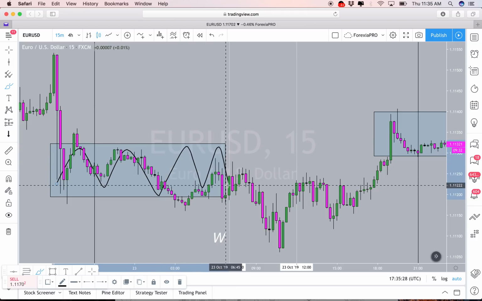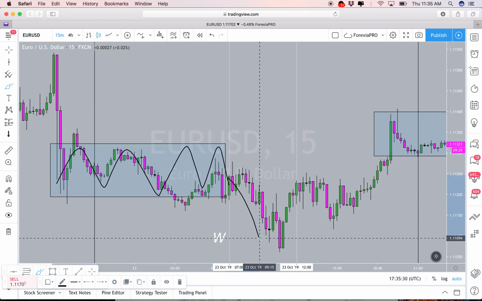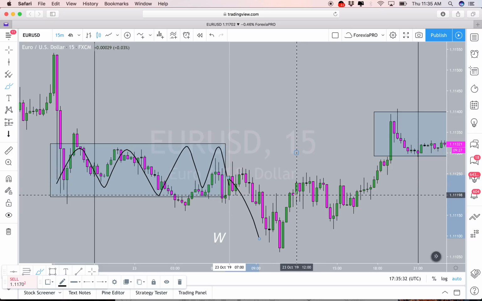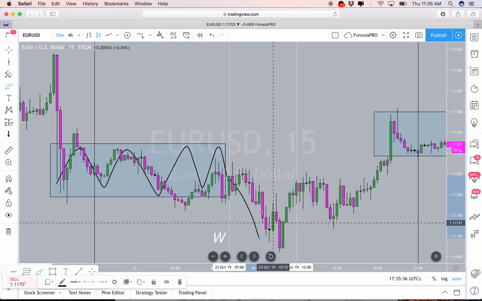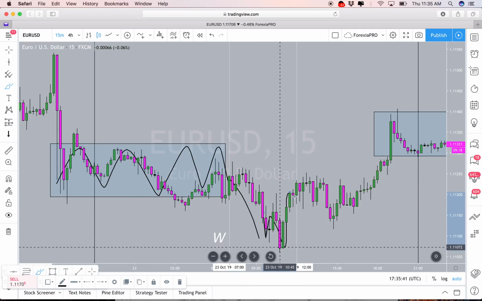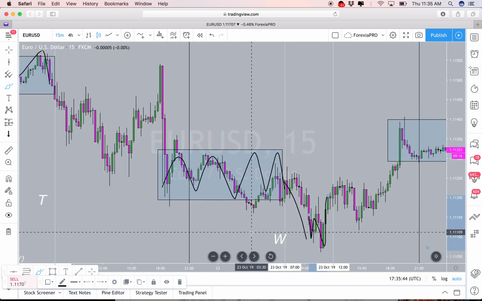You wait, London session breakout, New York session, an hour before New York session, 4 candlesticks before, perfect W formation off the low of the day.